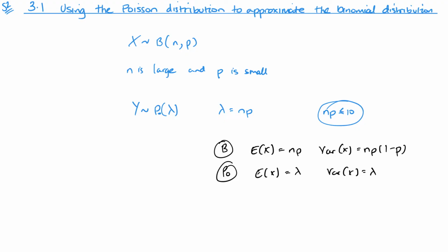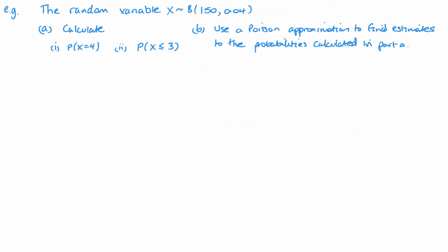Let's have a look at the first example. First we're going to use the binomial formulas to work this out. So for part a 1, we're looking at the probability when X equals 4. For this, I want to use my formula. n is 150, and we're looking at the value of 4.